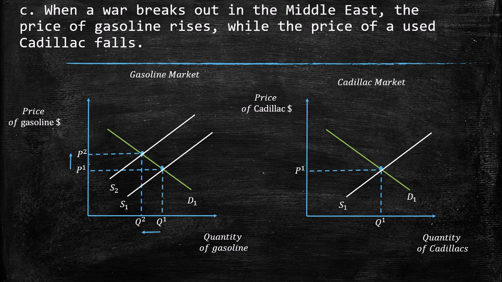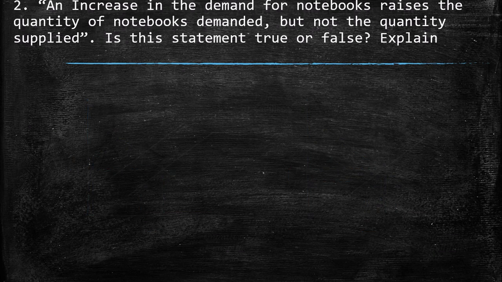So when the complement good goes up, it means it is more expensive for users of Cadillac, or at least potential users of Cadillac. So the demand is going to go down. It's going to be D2. So we're going to see a decrease in the price, as the problem says, and of quantities as well.